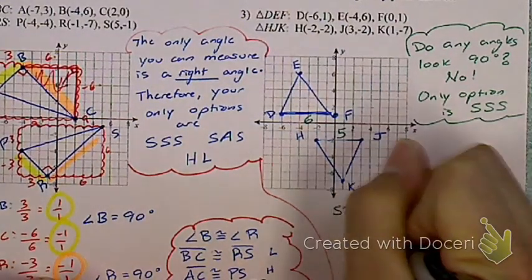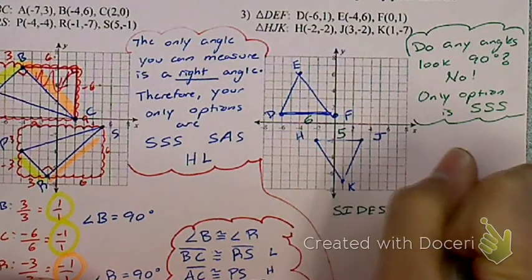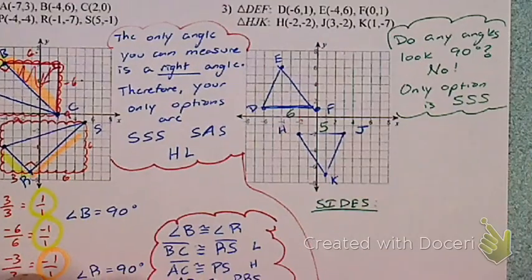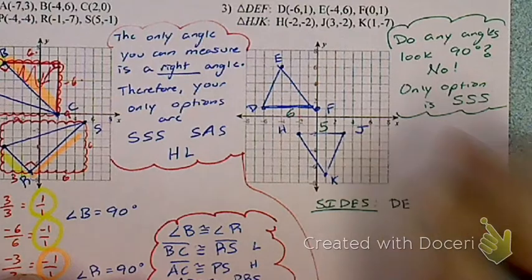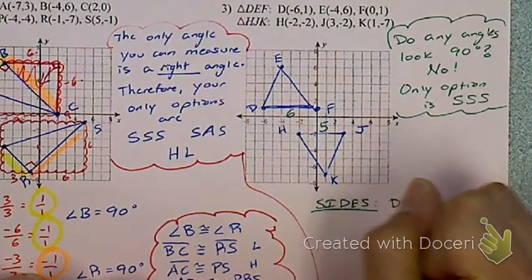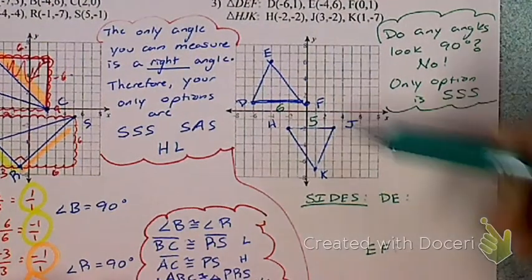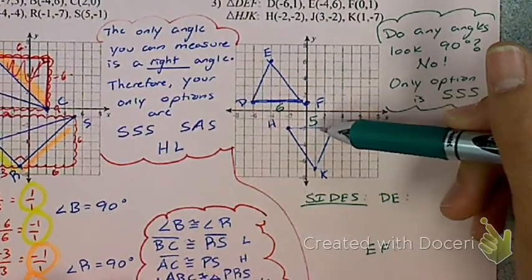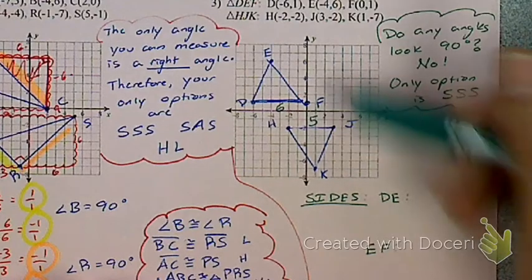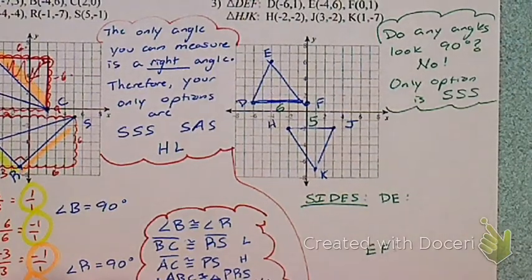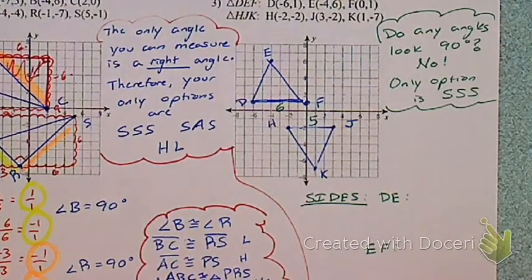So once again, you're going to find the sides DE and EF. If those two do not match HJ, which is 5, then there's no way that these two triangles are the same.